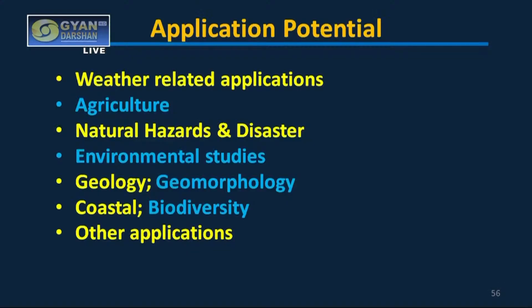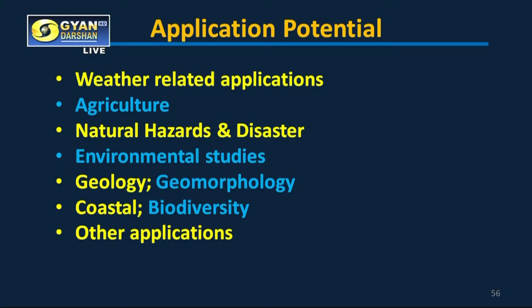Geoinformatics is also used in agriculture, where we can do crop area estimation, production forecasting, cropping patterns, etc. And for natural hazards and disasters, while monitoring natural disasters like volcanic activity, forest fire, earthquake, and preparing hazard zonation plans, this also enables disaster management.